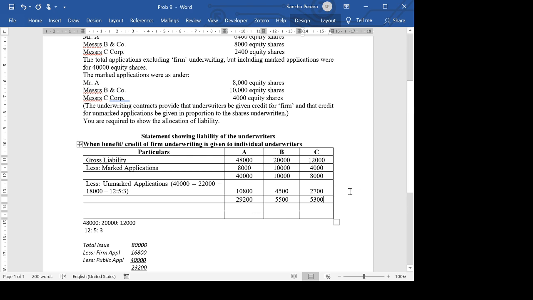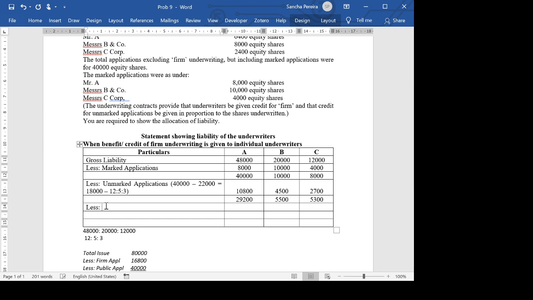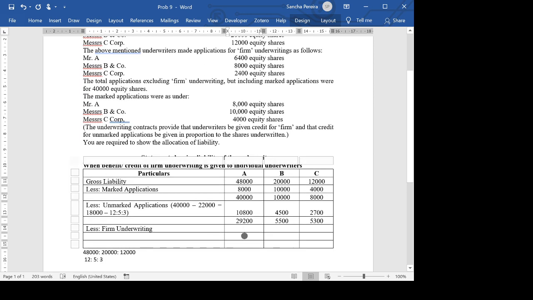Okay. Then we need to also minus the firm underwriting, because we didn't minus the firm underwriting here. We just minus unmarked applications. So less firm underwriting. Each one's firm underwriting: in case of A, it is 6,400. In case of B, it's 8,000. And in case of C, it is 2,400.